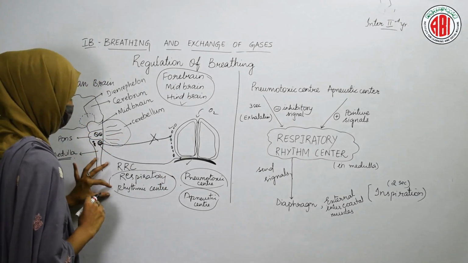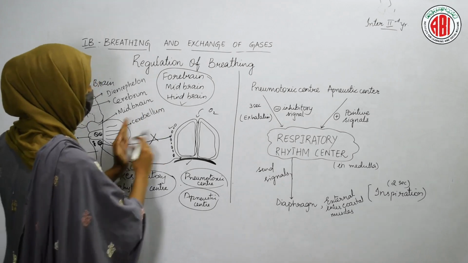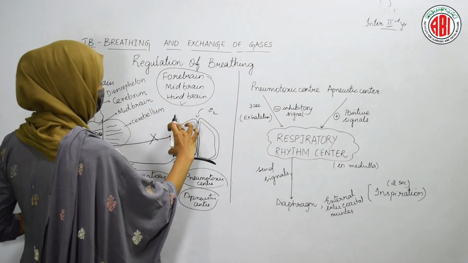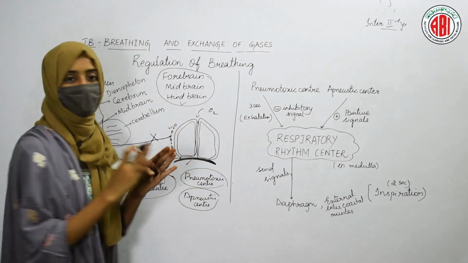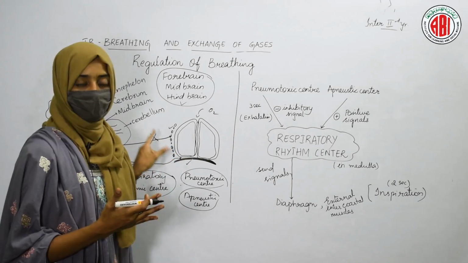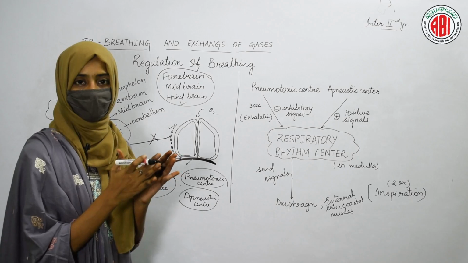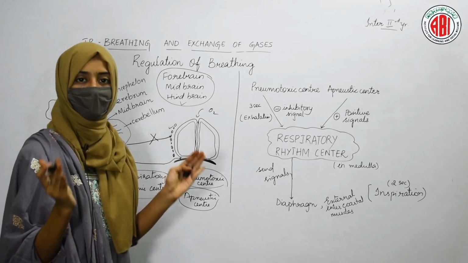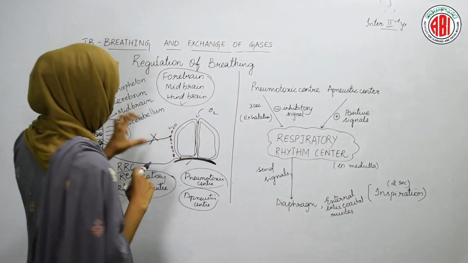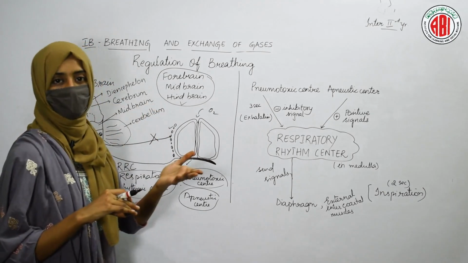When the respiratory rhythmic center stops sending the signals, at that time the intercostal muscles and the diaphragm start relaxing. When the signals are sent, they contract, but when the signals are removed, they relax, and relaxation of muscles means expiration can be done.